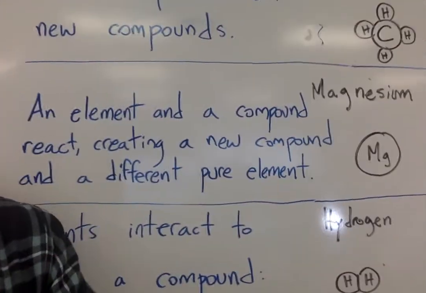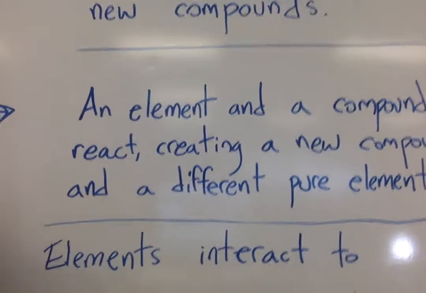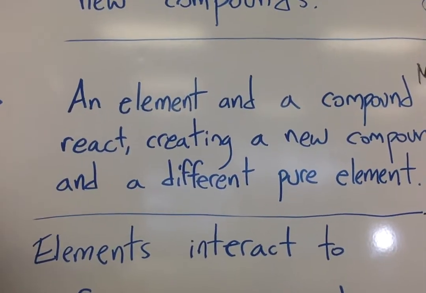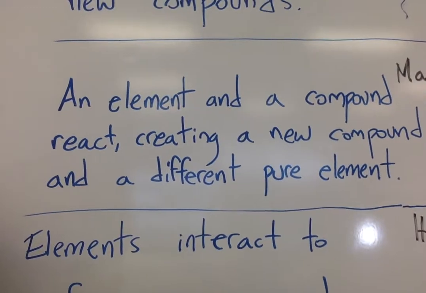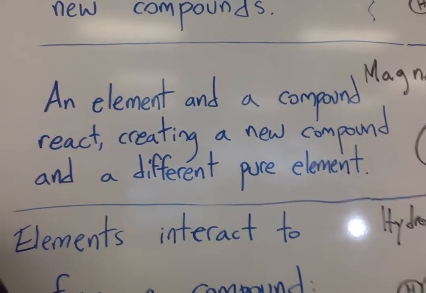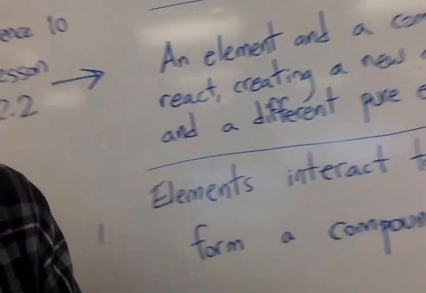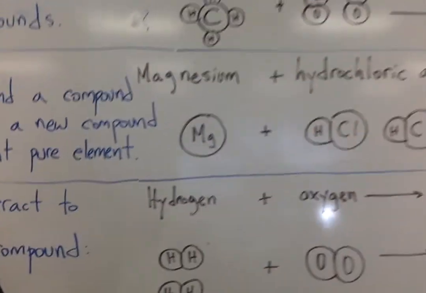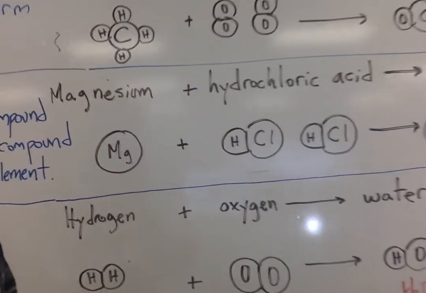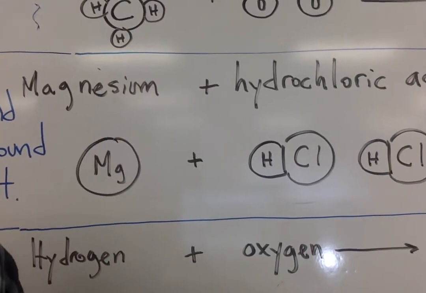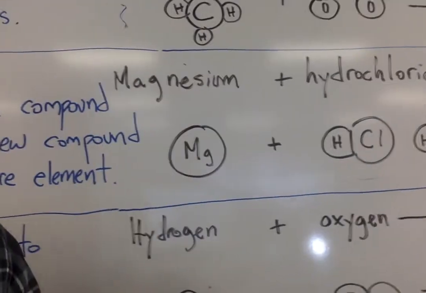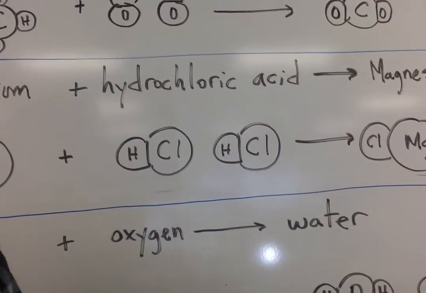It's what's called a single replacement reaction. Don't worry about not knowing that yet because that's lesson 2. In a single replacement reaction, here's what happens, lesson 2.2. An element and a compound react, creating a new compound and a different pure element. There's different kinds of single replacement reactions. The one that we're looking at here involves a metal reacting with a binary compound.